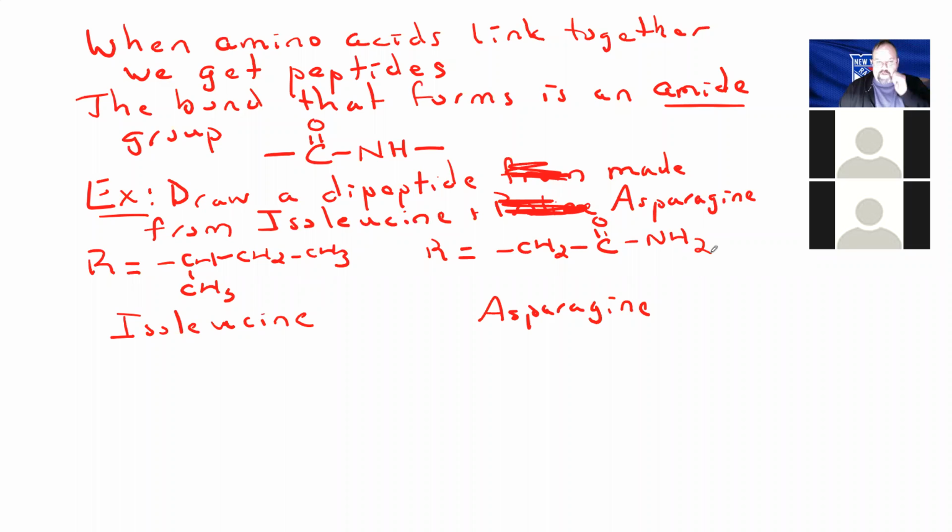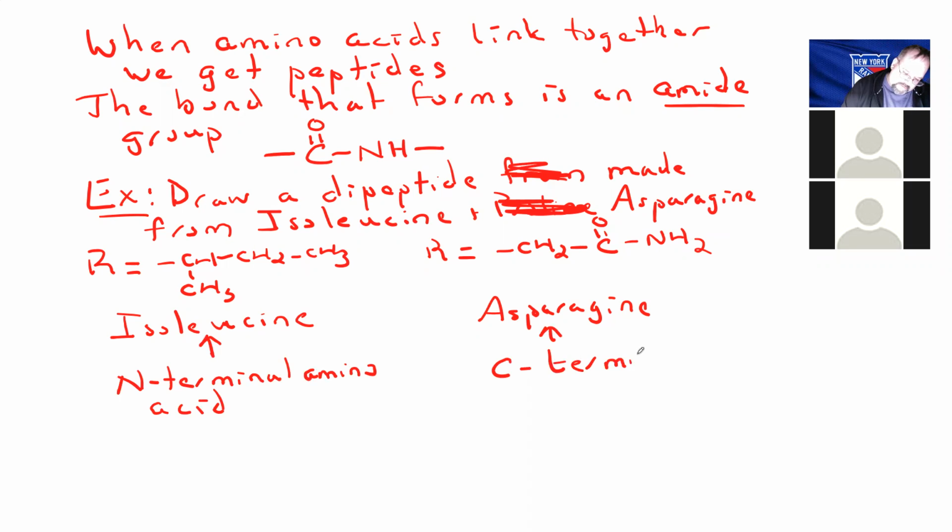Now, for this particular peptide, we're going to make isoleucine the N-terminal amino acid. And we're going to make asparagine the C-terminal amino acid. So if you remember back into the notes, the way that we define the ends of a peptide, and then eventually, if there's enough peptides together, a protein, is we define the N-terminal end and we define the C-terminal end.